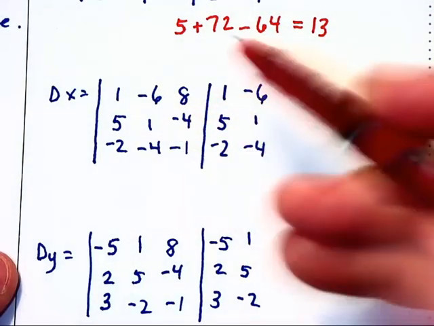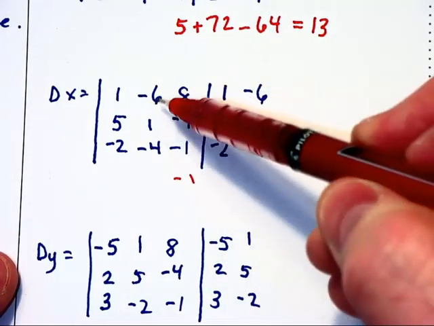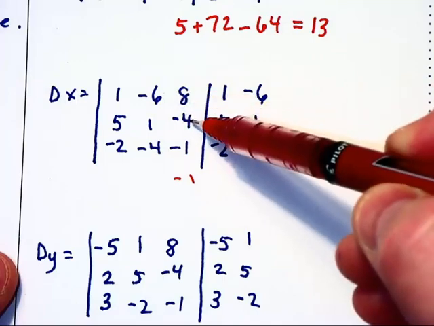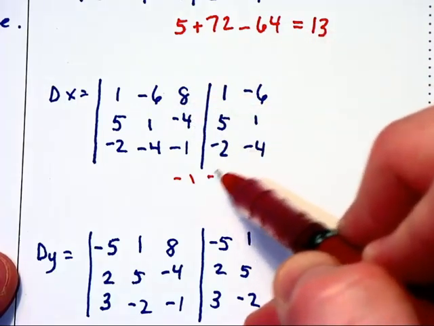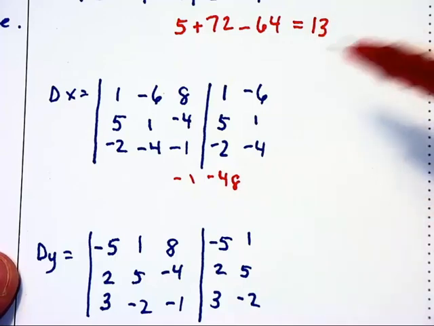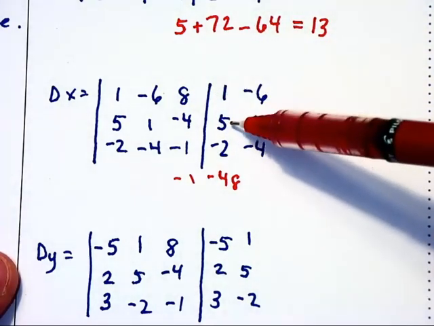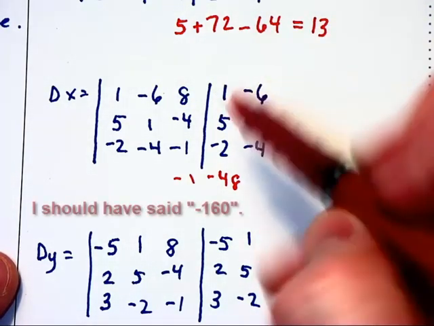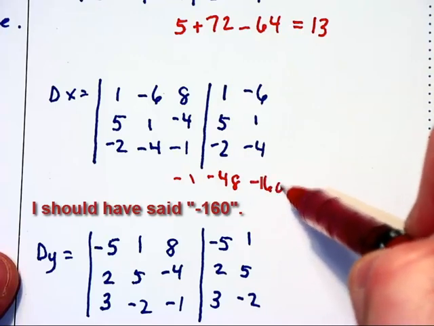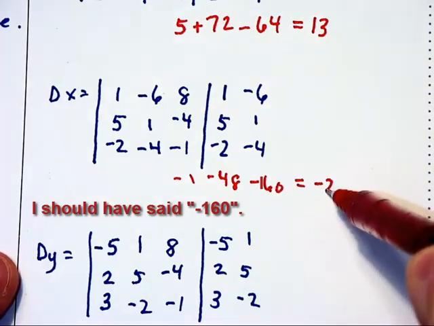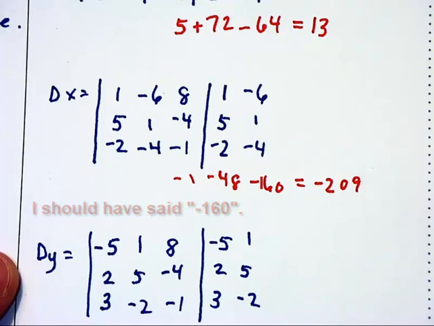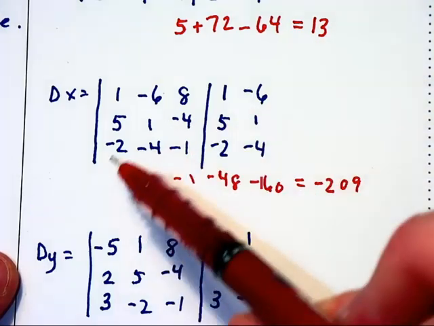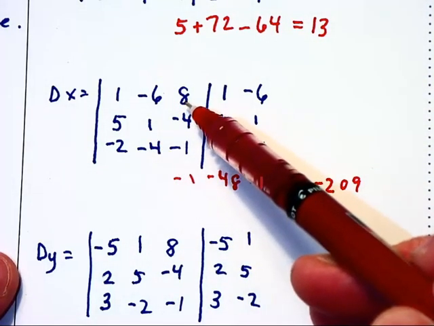1 times 1 times -1 makes -1. -6 times -4 is 24 times -2, which makes -48. And then we have 8 times 5, which is 40, times -4, which is -160. And adding across, I get -209. Now I multiply upward. -2 times 1 times 8 is -16.